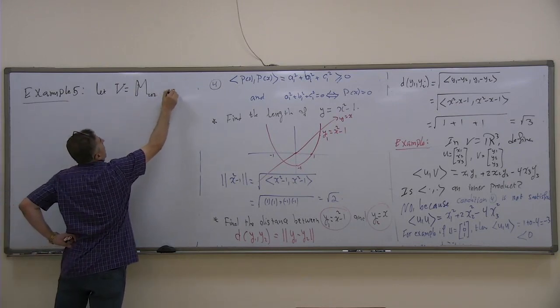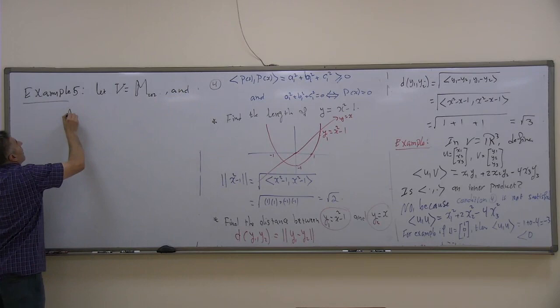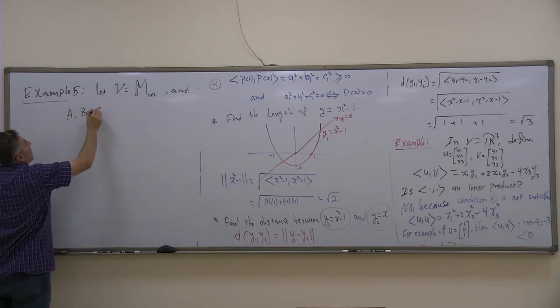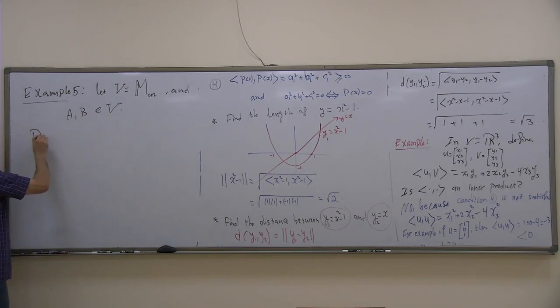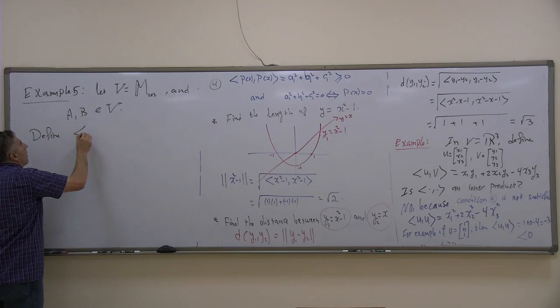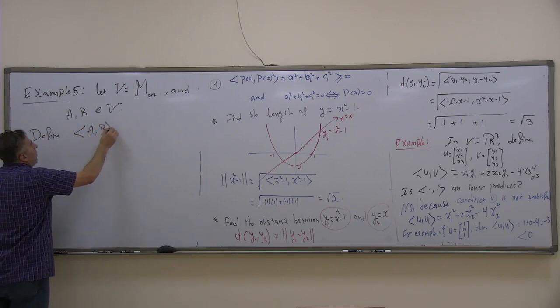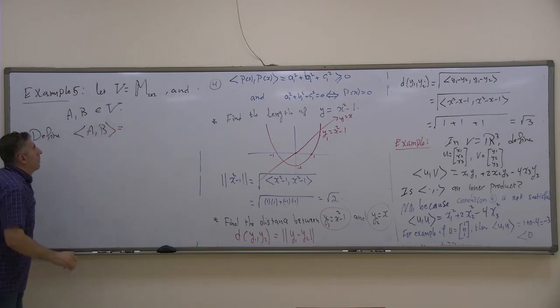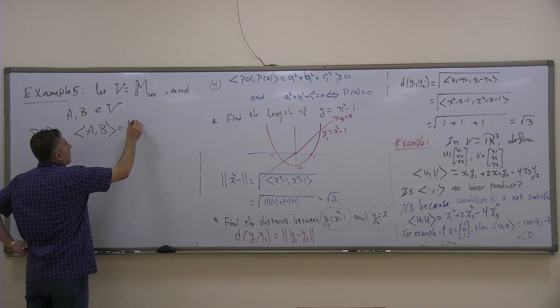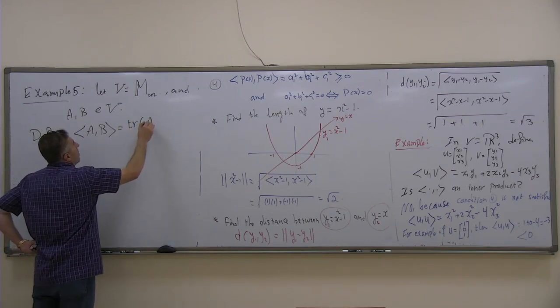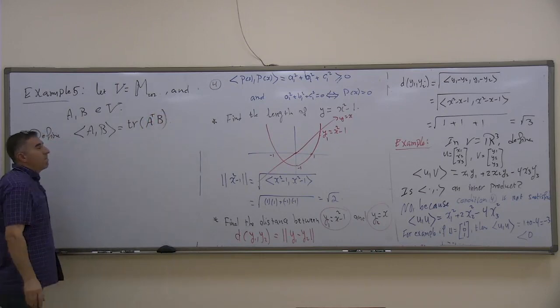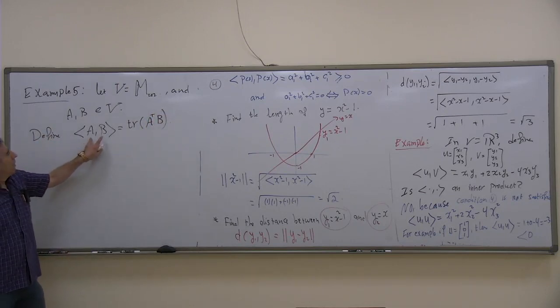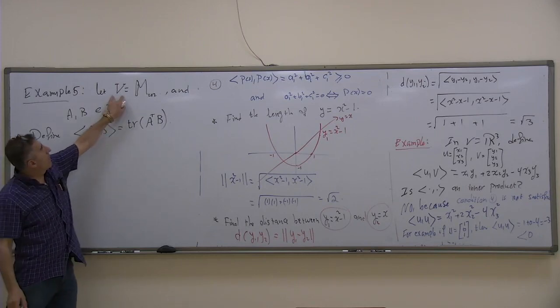And A, B are 2 matrices in V. Define the inner product of A and B to be this: trace of A transpose B. Look, those are 2 vectors in this vector space.